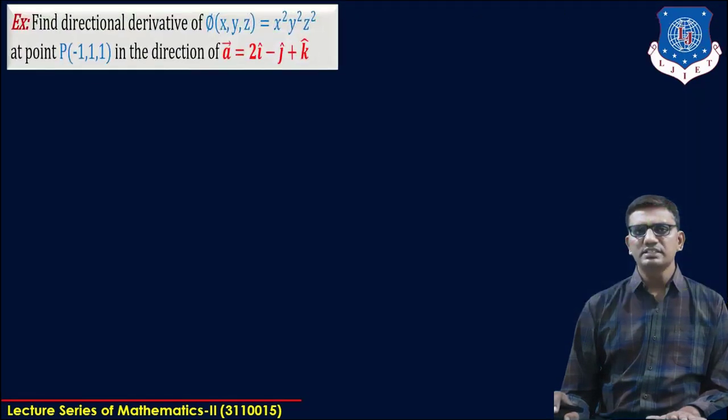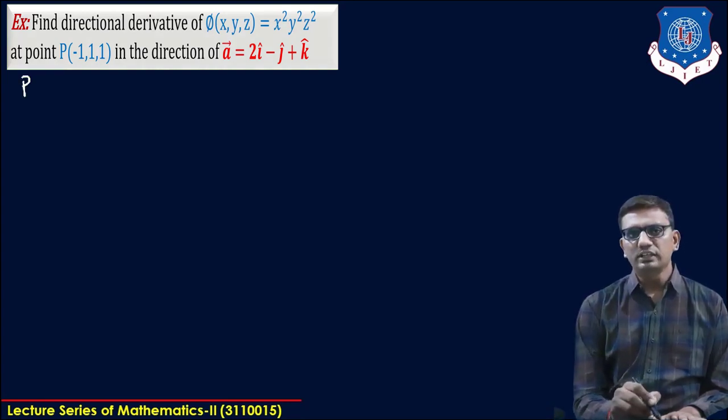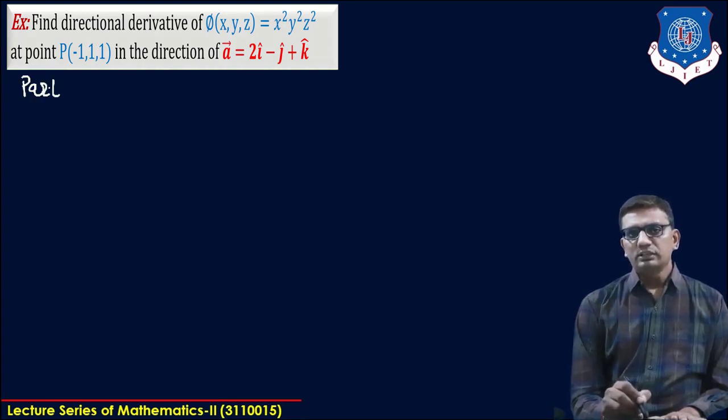Our example is: find the directional derivative of phi of x, y, z equal to x square y square z square at the point minus 1, 1, 1 in the direction of a bar equal to 2 i caret minus j caret plus k caret. Now we will start the example. The first part is to find the gradient of the function.